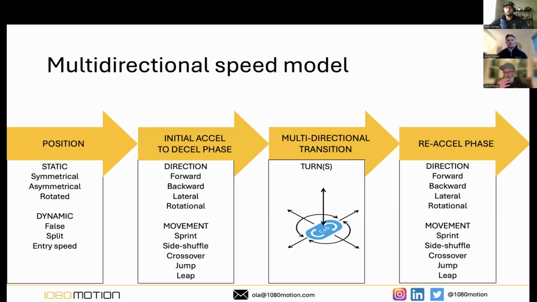This framework lets you go through position and accel, transition, and reaccel to understand and quantify the qualities you're looking to test. And it's always that balance between sport specificity and training the physical qualities that underpin the sport as well.